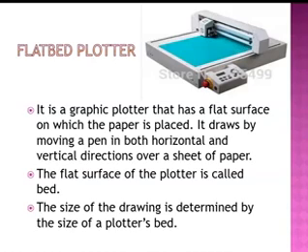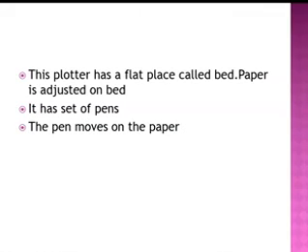The size of our drawings depends on the size of the bed, that flat surface. This plotter has a flat place or surface called bed. Paper is adjusted on that flat surface or bed. It has a set of pens. We can use different colors of pen. That pen moves on the paper.